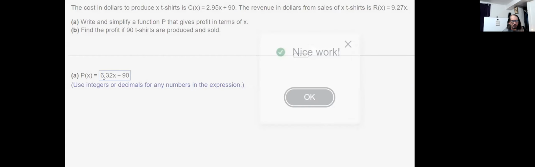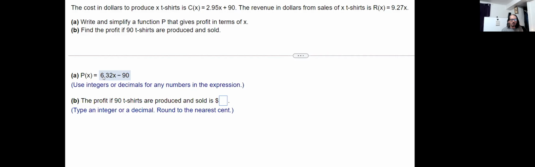It's good. And then they ask us, what is the profit if 90 of the t-shirts are sold? If it comes out negative, then that amount is money that's being lost. If it comes out positive, then it is money being earned. Let me bring up the calculator, just a moment.